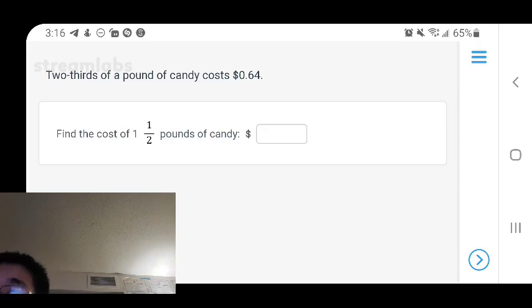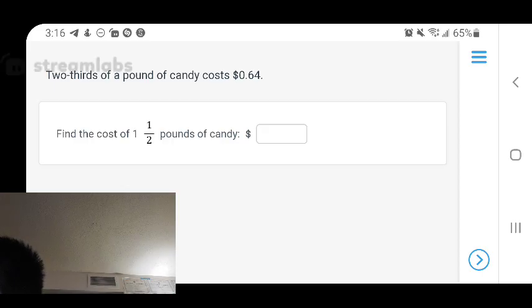X is 0.64, yep. Trying to find 3, I have x equals question mark. Yeah, this is the best way to do it. 0.64 times 3 is 1.92.